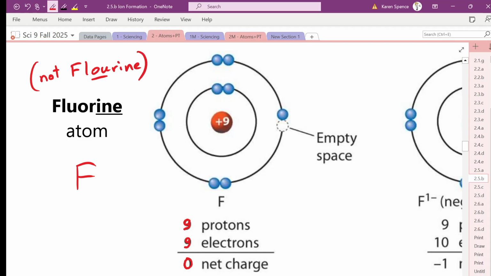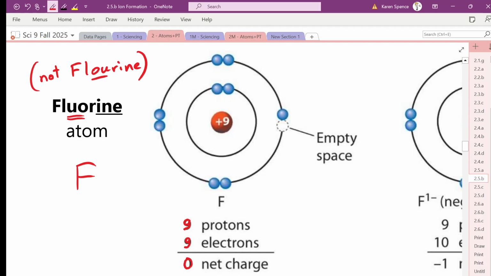Now, because you guys are in grade 9, and if you are a person who has difficulty with spelling, I will cut you some slack on fluorine. However, for most of you, you will want to get in the habit of writing UO. Okay? UO. Fluorine, fluorine, fluorine. So it's like getting the flu. Fluorine. Yes? Okay.